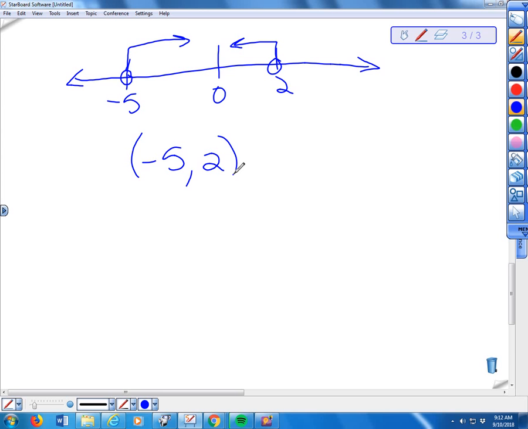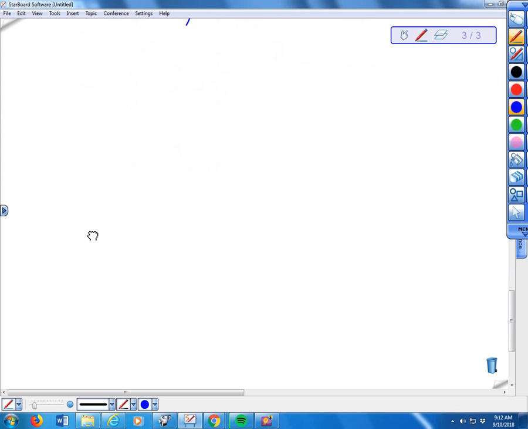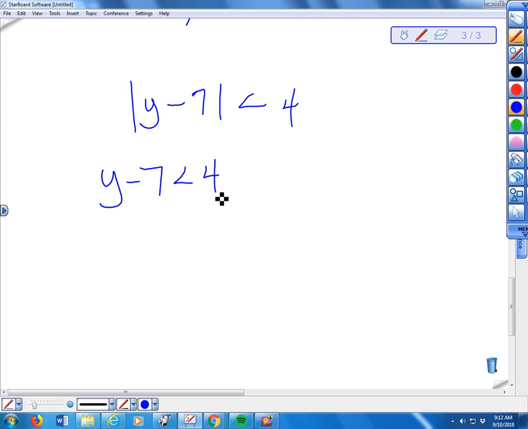Okay, how about this one? Now we have an absolute value inequality. So what do I do to set this up? Two different inequalities. The first one looks exactly like the original without the absolute value. What does the second one look like?